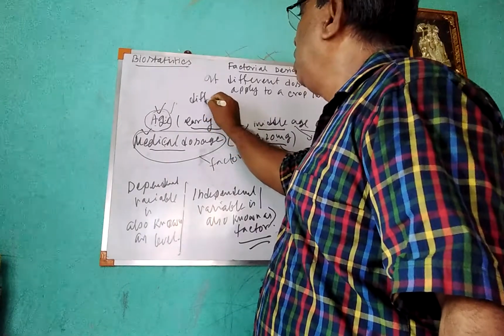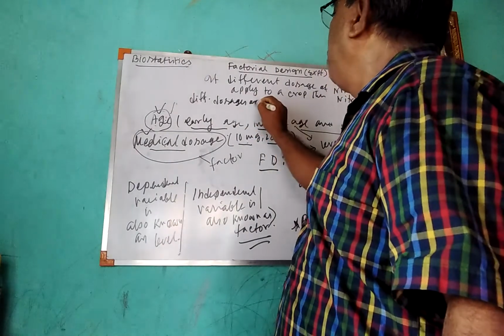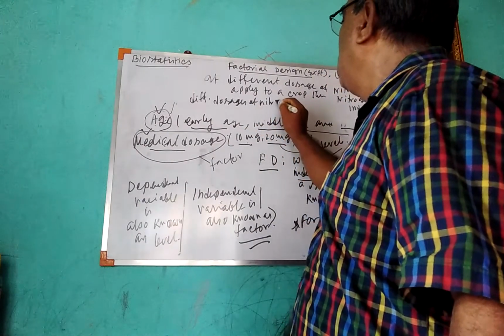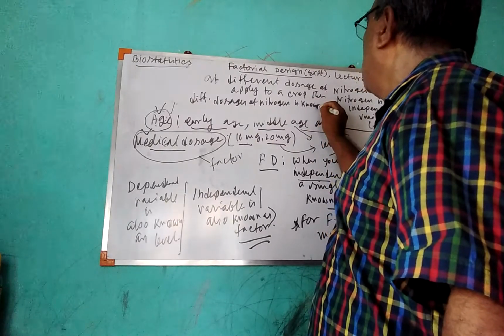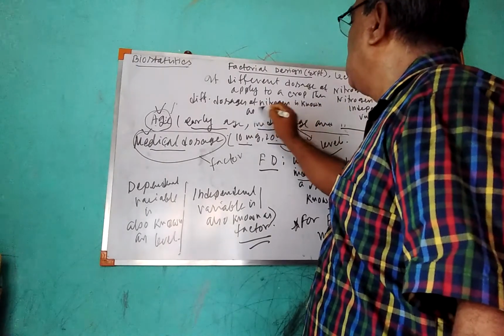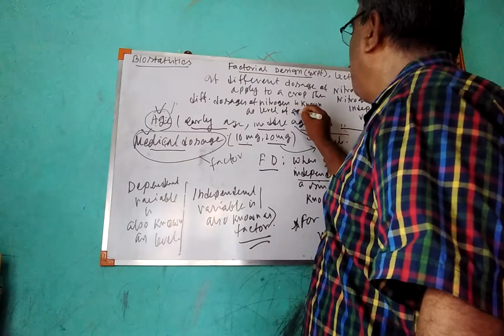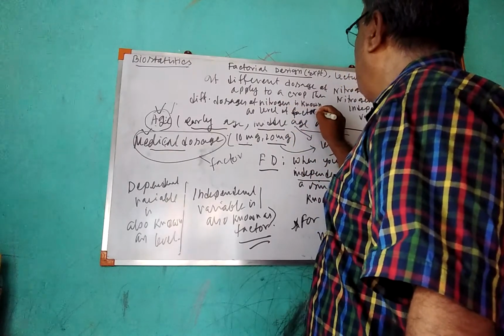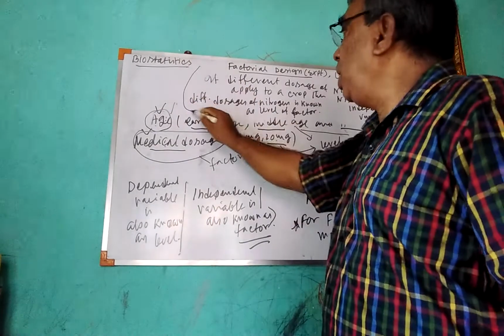Different doses of nitrogen are known as levels of factor. You see what I have written here.